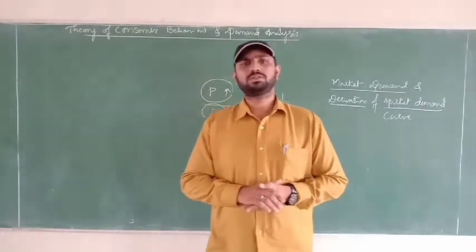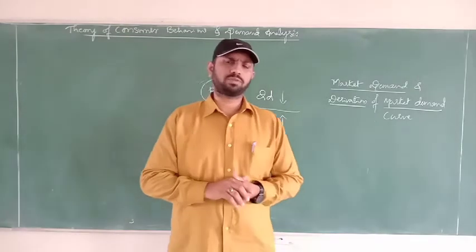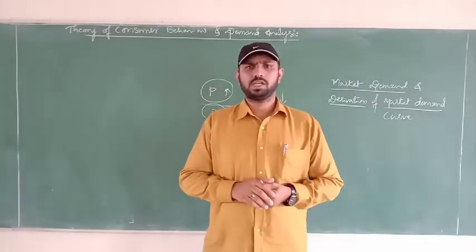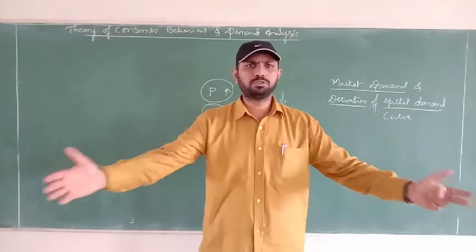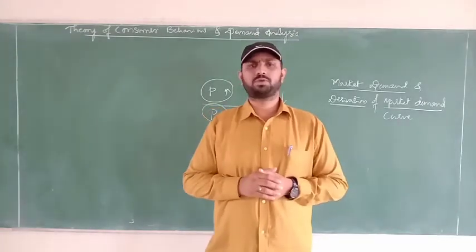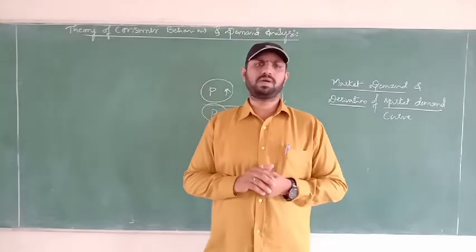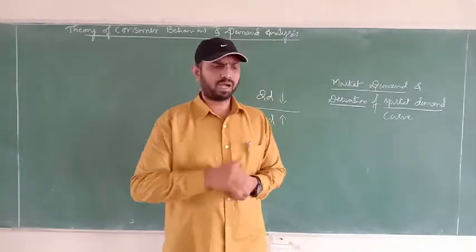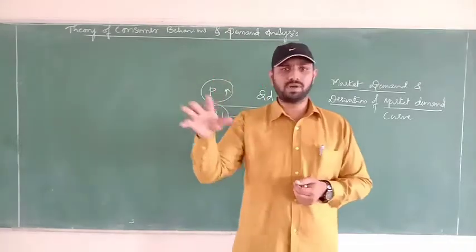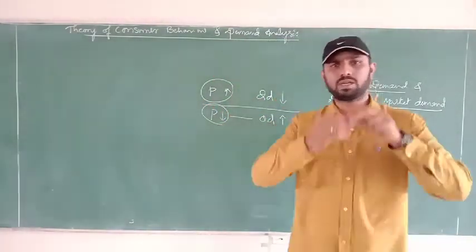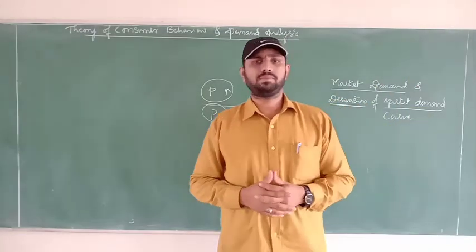Once again, market demand refers to, for a particular price of a commodity, all consumers' demand taken together. The market demand can be derived by addition of all individual demand curves. By addition of all individual demand curves, we can draw the market demand curve.